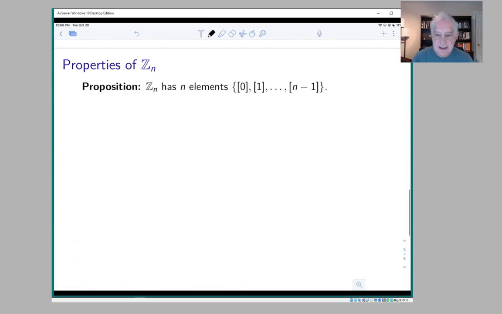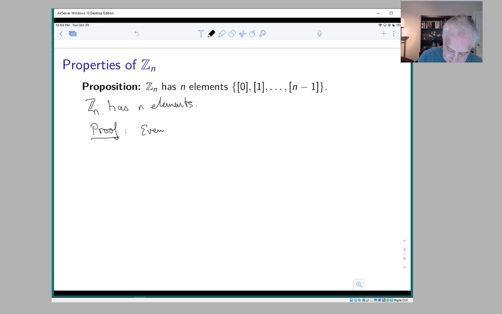So the first thing is to just recall or reprove or restate the fact that Zn has n elements. So the equivalence classes under the congruence mod n relation partition the integers into n classes. And the proof of this is the division algorithm.